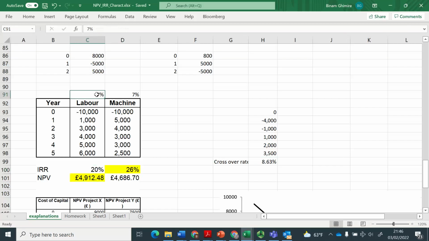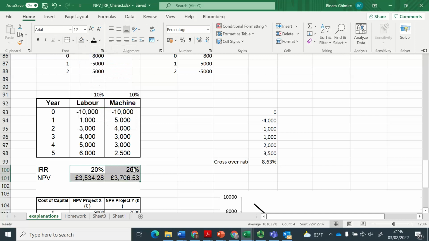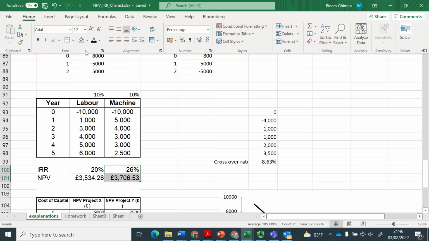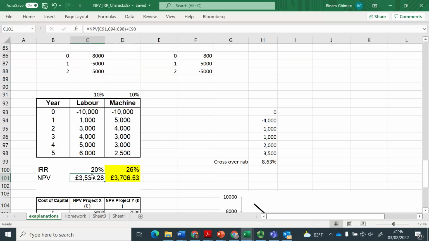As soon as you make this bigger than this rate, such as 10% and 10% again, you will see now that both methods, IRR and NPV, are telling you to take the machine one, because you see 26%, and the other one is also higher compared to this, NPV 3,700.